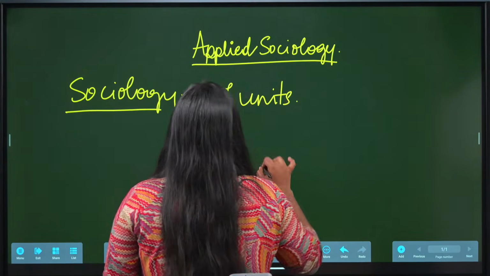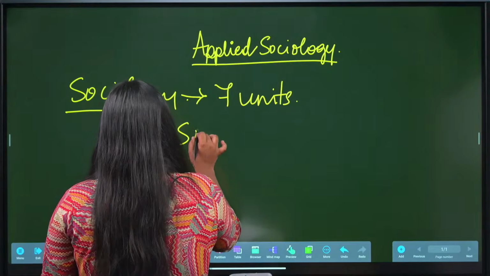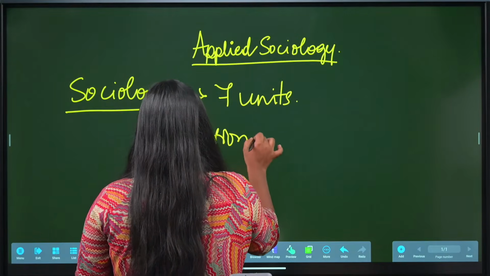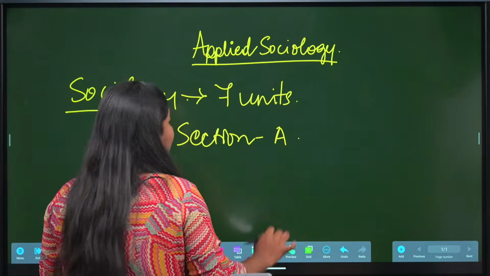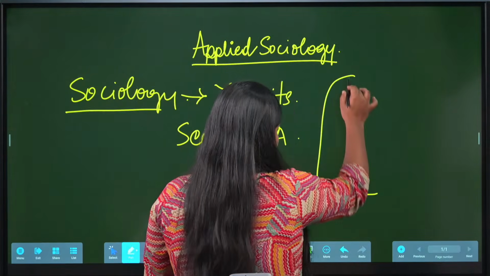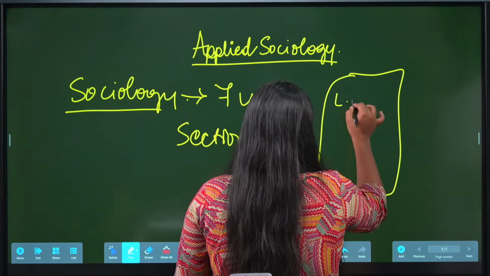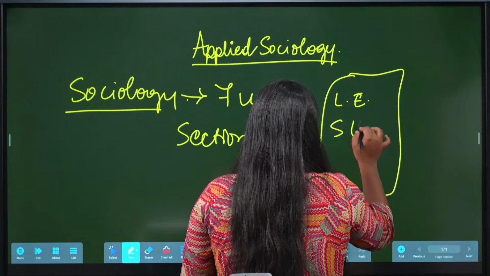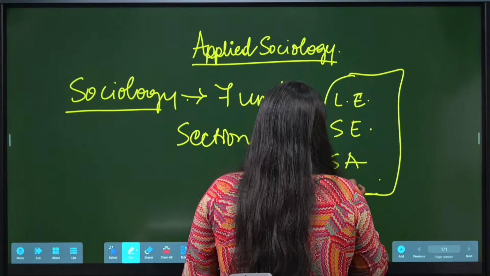We are going to write in Section A and Section B. In the question paper pattern, we have the long essay form of question, the short essay form of question, short answers, and MCQs.